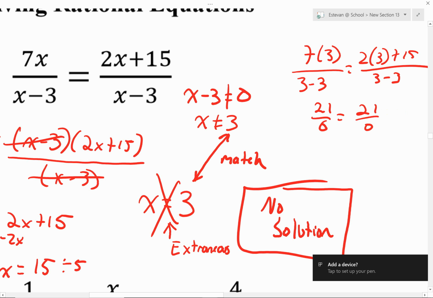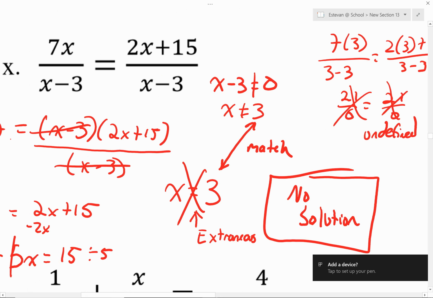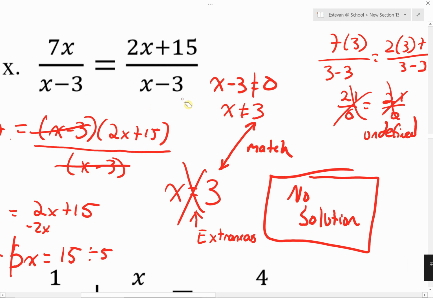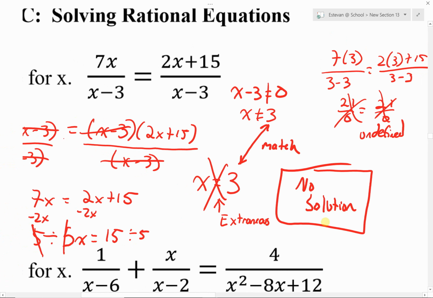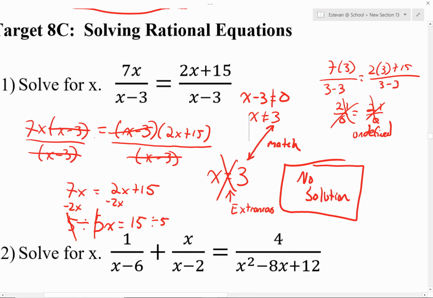That's great. But the downside is 0 can never be in the denominator because that leads to undefined. Hence, extraneous. So we could never have 0 in the denominator. The shortcut: always solve for the denominator equal to 0 and just know that is the number we cannot have as a solution. So I'm going to zoom out a bit so you guys can see the overall work.